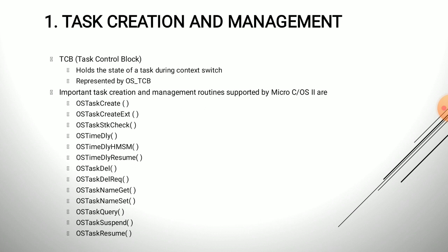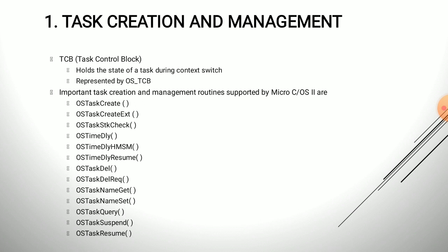So if the process is holding some resources like semaphore and mailboxes, the process is safeguarded using this OS task del req method. Then next function is OS task name get function. This function returns the name associated with a task.